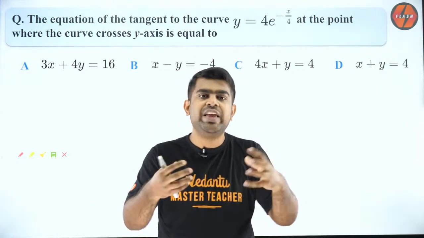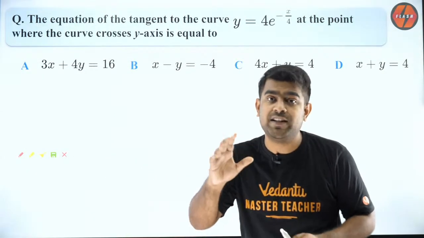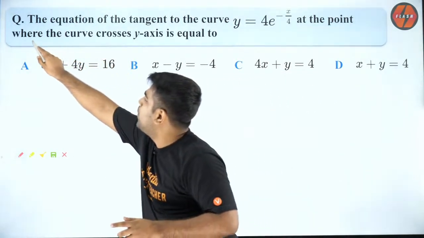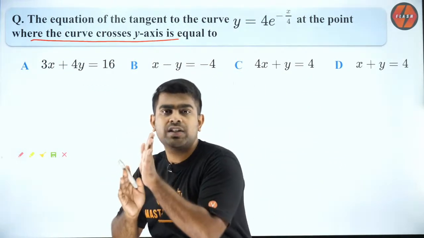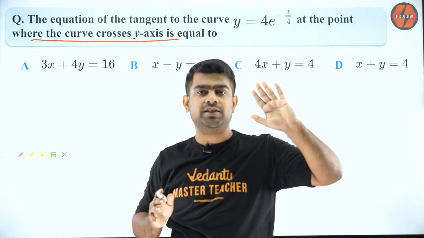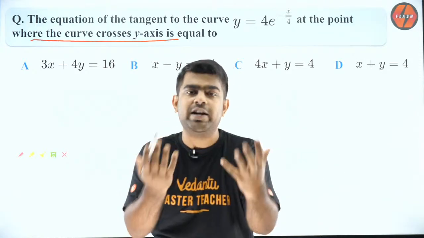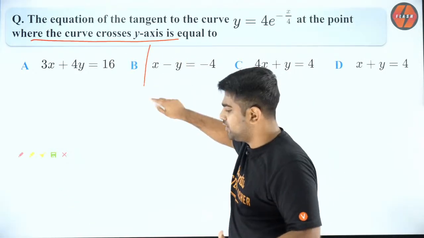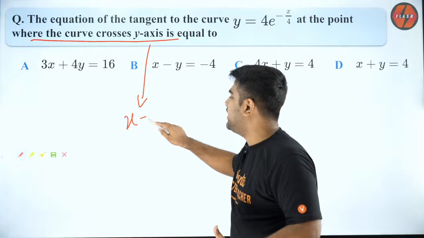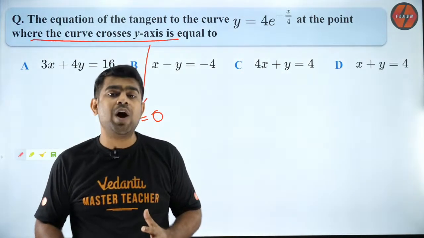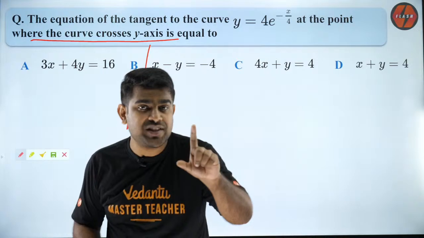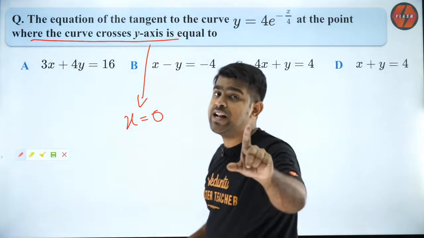So here they asked to find the equation of tangent at the point where the curve crosses the y-axis. So when the curve is crossing the y-axis, what is the x-coordinate? At the y-axis, the x-coordinate is supposed to be 0. Did you all notice that? So that is how you find out the point.